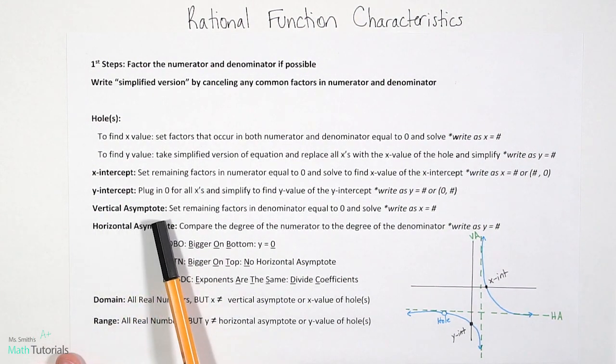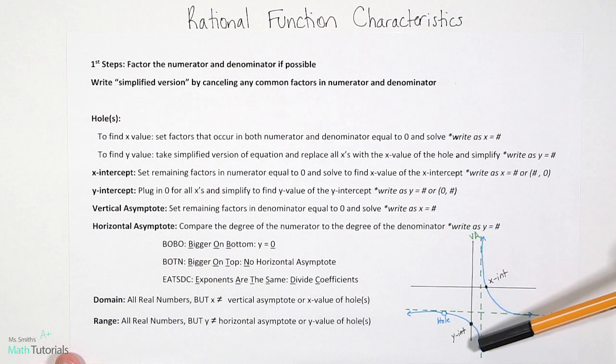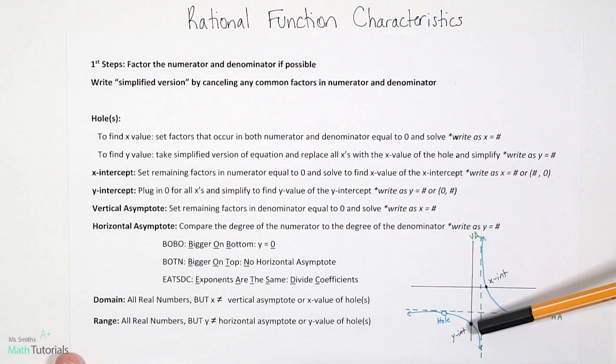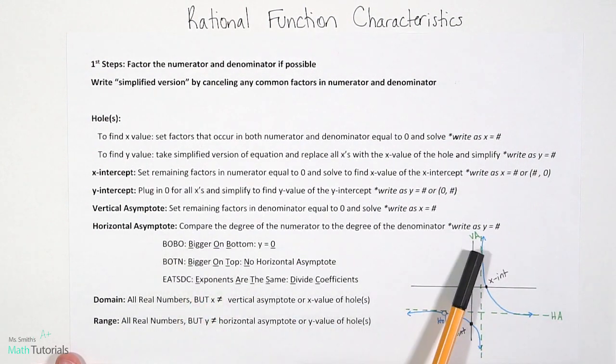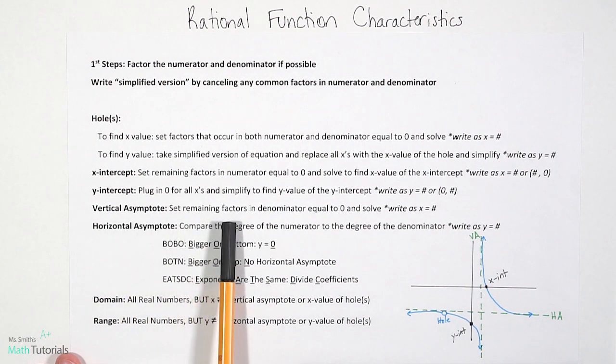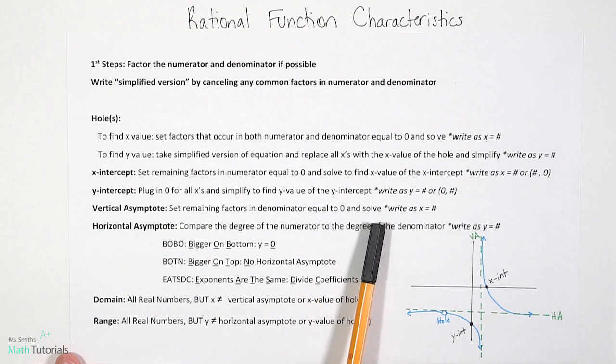A vertical asymptote, I've labeled it VA, and it's this green dashed vertical line right here. That is our vertical asymptote. And in order to figure out where that green line falls, we would set the remaining factors in the denominator equal to 0 and then solve.